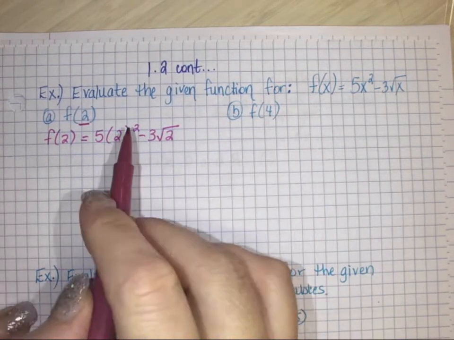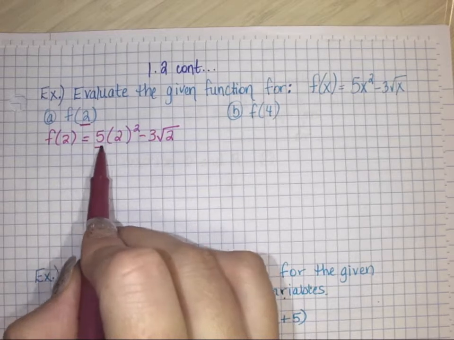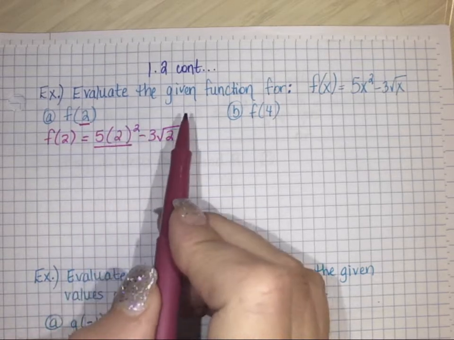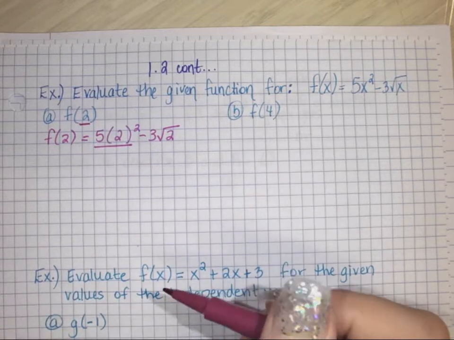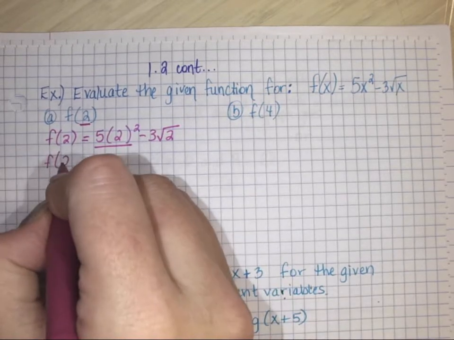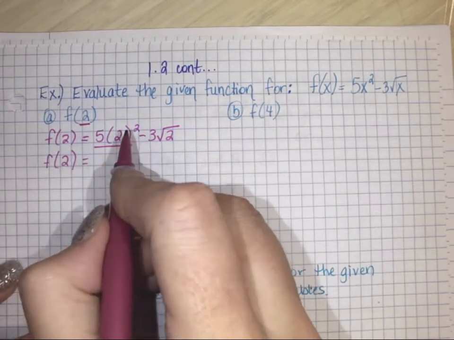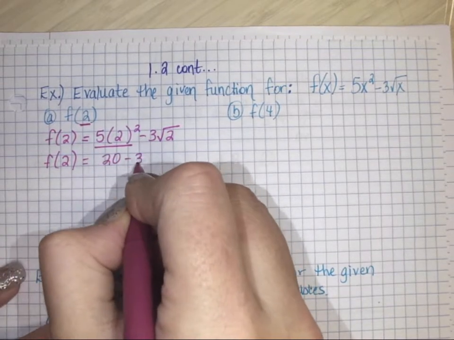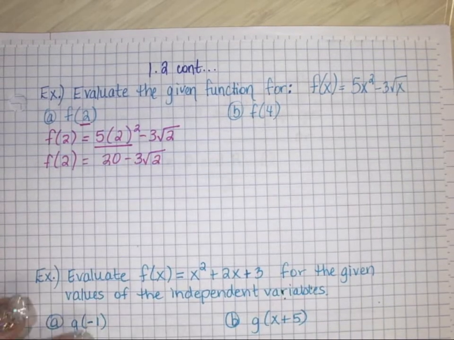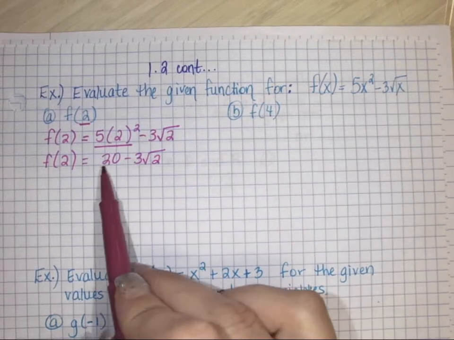Order of operations, please be careful here. You must do your exponents first before you multiply 5. I see a common mistake a lot in that area. So 5 times 4, that's going to create 20 minus 3 root 2. There is nothing else you can do with this.